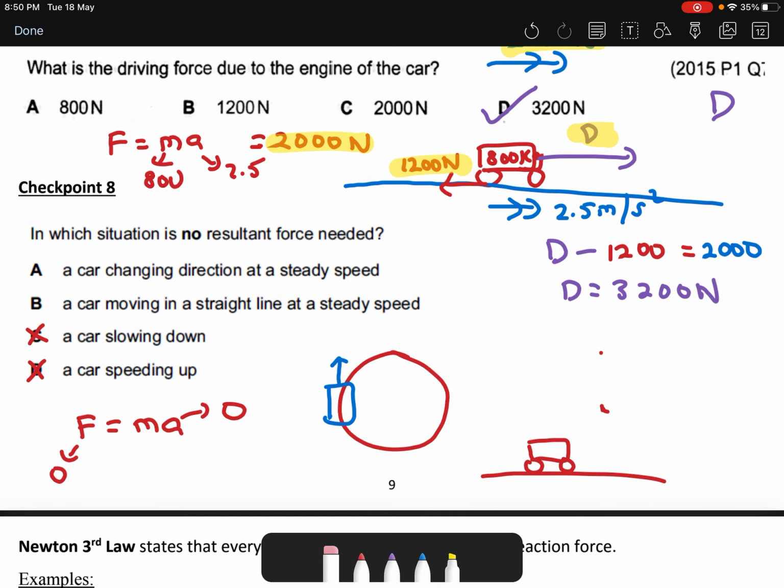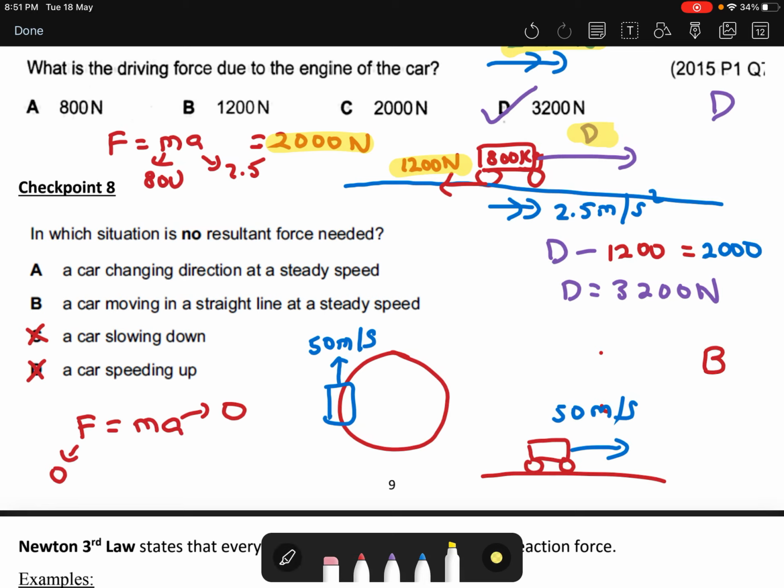Let's say you are moving at 50 meters per second forward. Here is also 50 meters per second. So which one should we choose? We should choose B, because for B there is really no resultant force. But what about A? In A, you are changing direction.